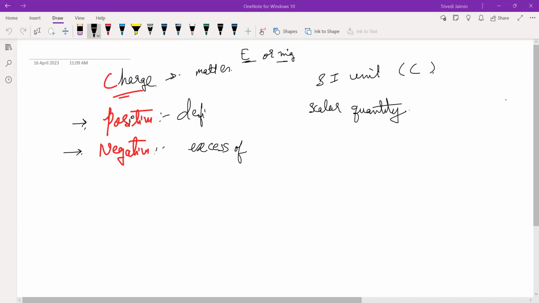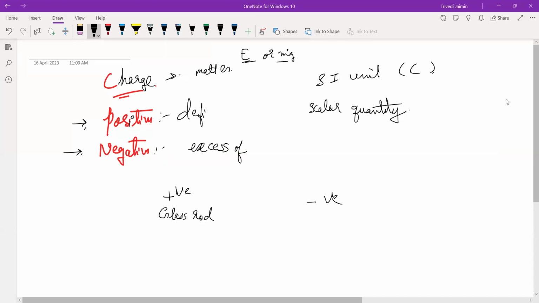So it moves from left to right: left will lose and right will accept. An excess of electrons gives negative charge. Some standard pairs, if I give you positive, it is an assumption. It's not exactly this way.